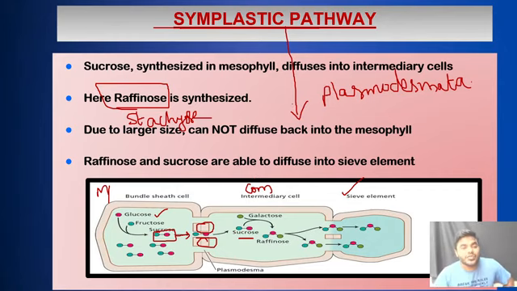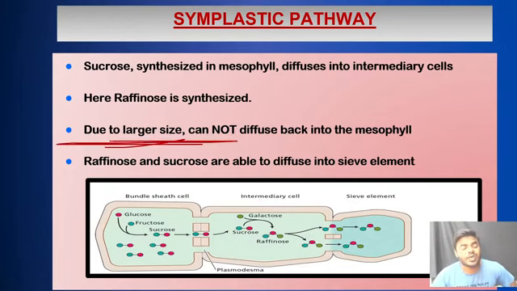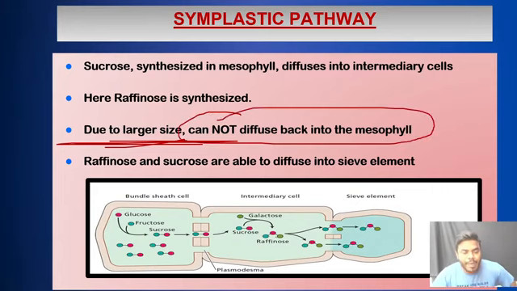Now the question is very clear, friends. Do you think the raffinose and stachyose can come back into the mesophyll or bundle sheath cell? Is that possible? It's not at all possible. Why? Because, friends, they are very large sugars. Since they are very large, they cannot diffuse back to the mesophyll cell.